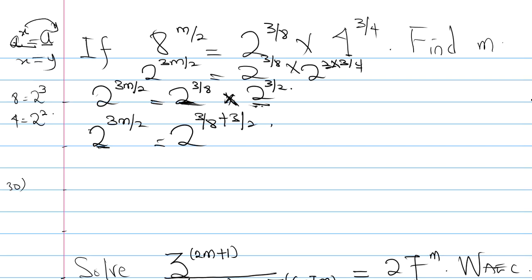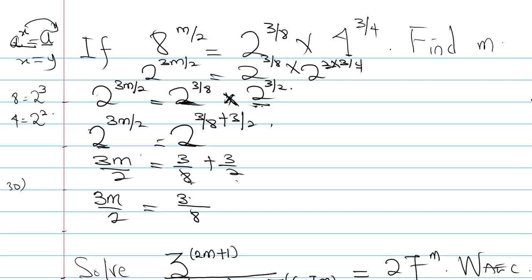Now here, this one cancels this one as well. We can have 3m over 2 equal to, here, let me put this thing down. We can have 3 over 8 plus 3 over 2. Okay, now let me find the LCM. We have 3m over 2 equal to, the LCM of this one is 8, write it.